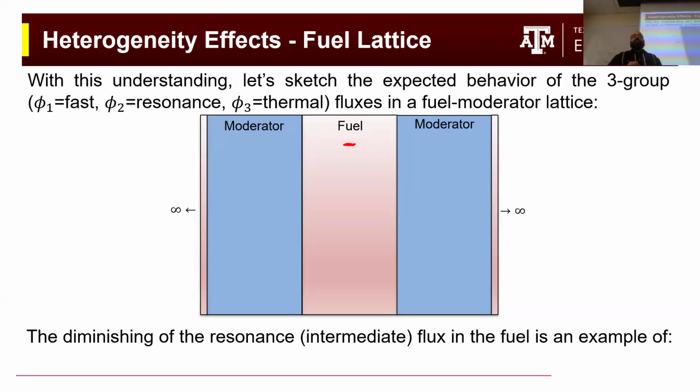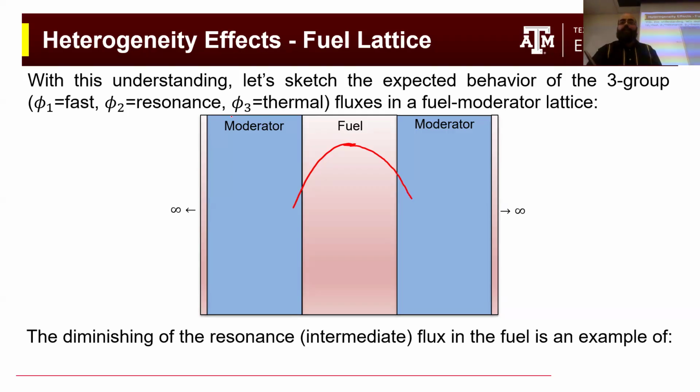And then as I go outside of my fuel, there's going to be less fissions happening, which means there's going to be less fast flux. So we can hopefully imagine that the fast flux is just going to slowly diminish as you get into the moderator. At some point, this is an infinite lattice.